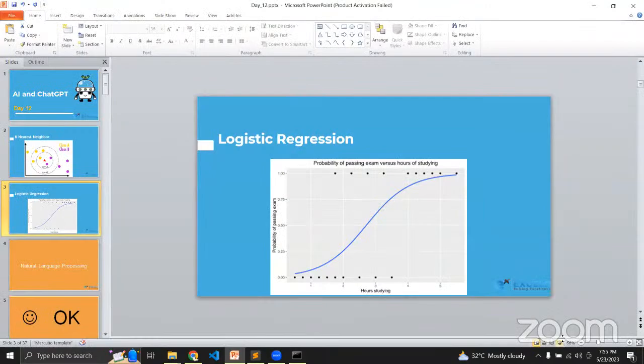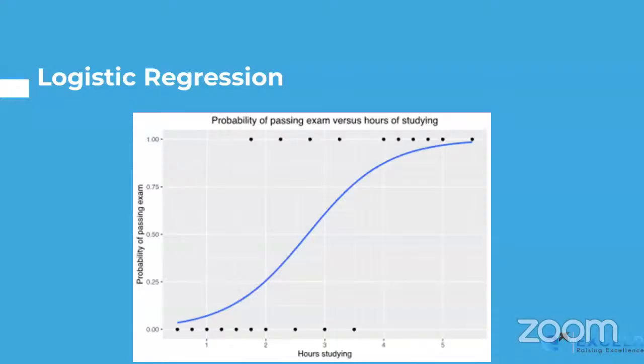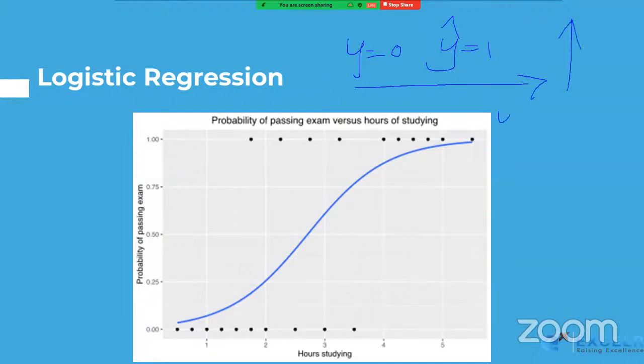So we'll penalize the model in a larger way. For example, if the actual is 0 but the prediction is 1, then the penalization will be too high. But if it is very close, if the actual is 0 and the prediction is also 0, then I'll have a very, very small penalization. So that's how penalization works.